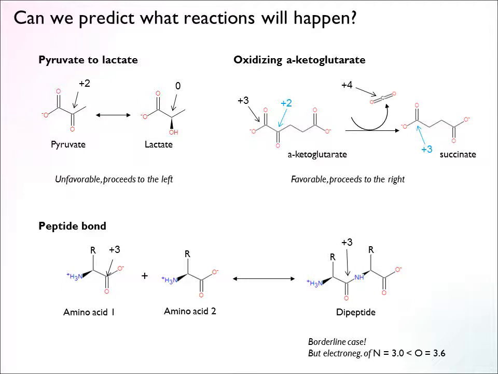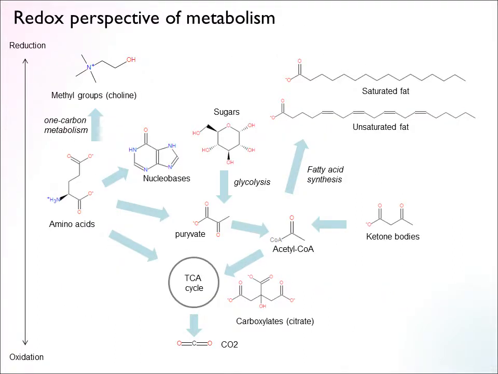So you might think that this is unfavorable because the oxygen is a better choice here than the nitrogen for the carbon atom. And that's indeed the case. Peptide bonds require energy to form. So you need to have a GTP in this case to drive this reaction. So those are some examples.